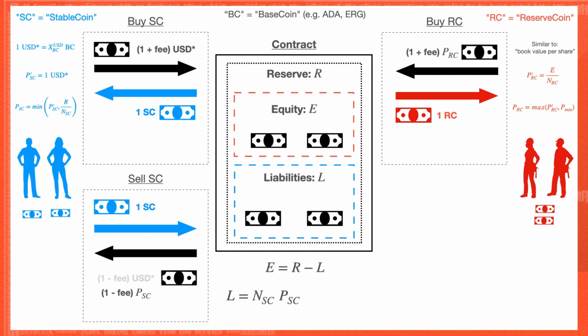To avoid that, we have a minimum price for reserve coins, so that the price of the reserve coin is the maximum of the book value per share and a minimum price that is a parameter of the Stablecoin Protocol. Okay, so this process of the contract selling reserve coins to potential reserve coin holders is similar to what in the traditional financial world is known as equity financing.